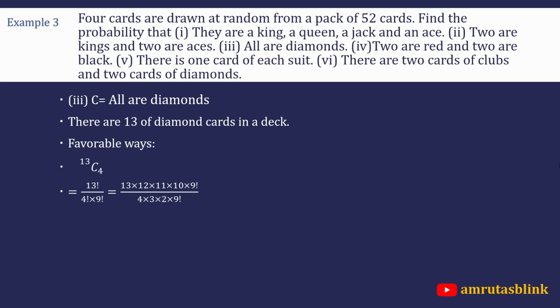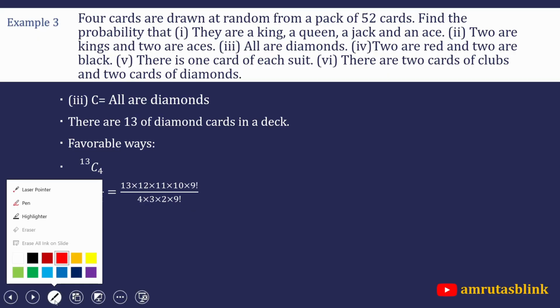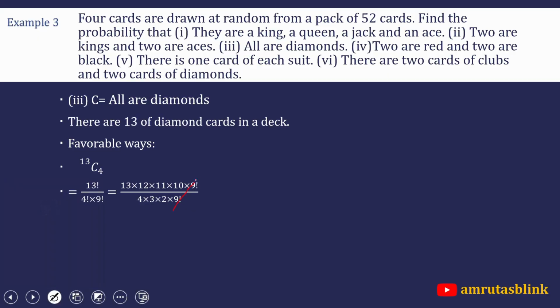So this 13 factorial we will split up to 9 factorial, that is 13 into 12 into 11 into 10 into 9 factorial upon 4 factorial, which we will split as 4 into 3 into 2, and 9 factorial as it is. So now this 9 factorial will get cancelled.